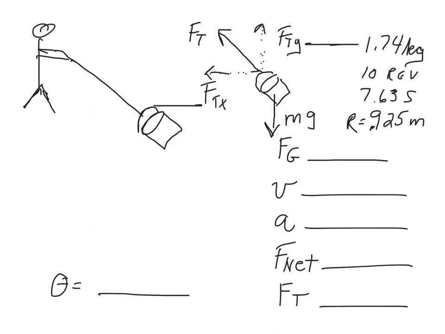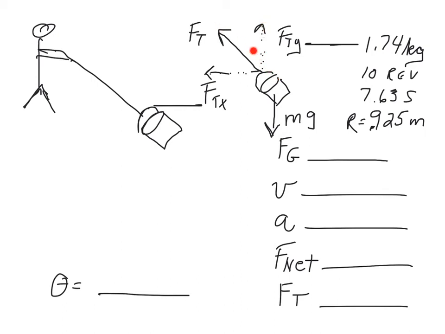Okay, here's the one where the person swings a bucket of water on the end of a rope in a horizontal circle. And so this is our diagram. This is the free body diagram. The tension force along the string has two components.